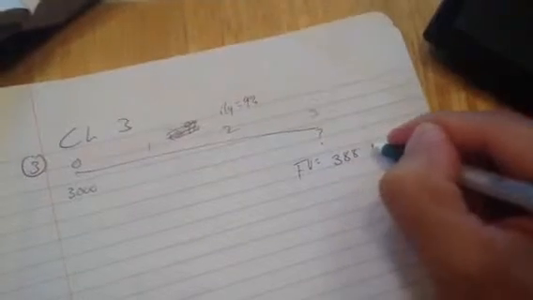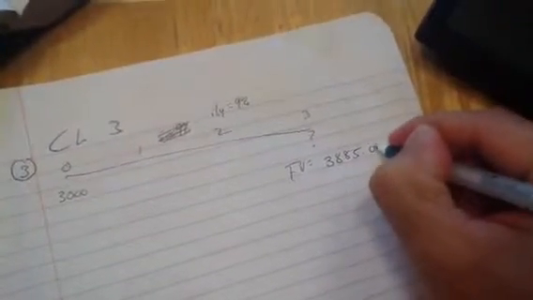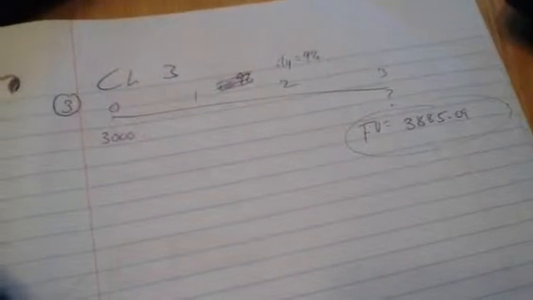Now it has a negative sign on it. That's because in the calculator, it considers every transaction to be a loan, right? So if you have a positive inflow of money at one period, you're going to have a negative outflow of money in the other period. In this case, when we put in positive 3,000, that means we're going to end up with a negative 3,885 at the end.